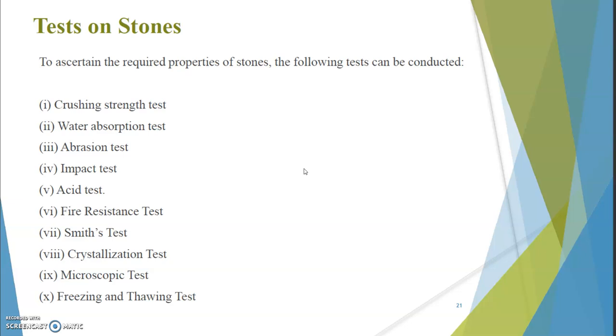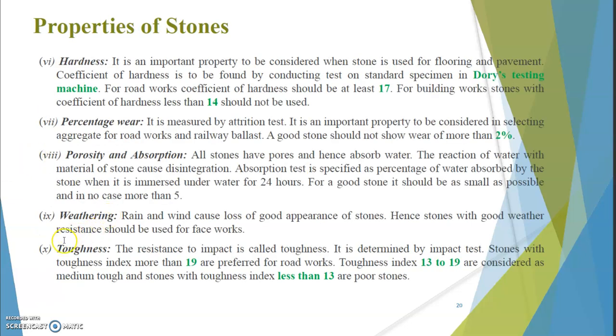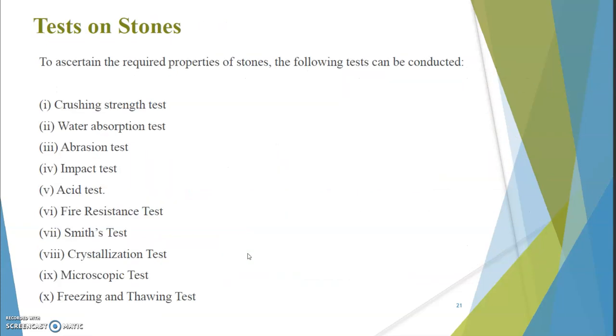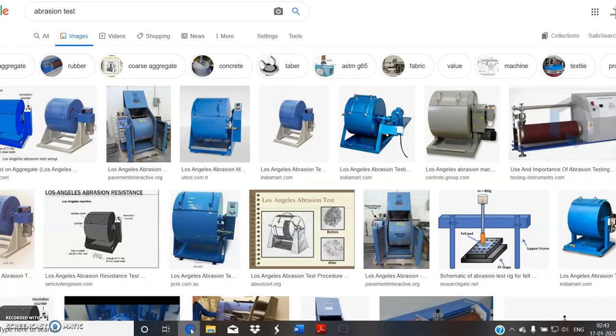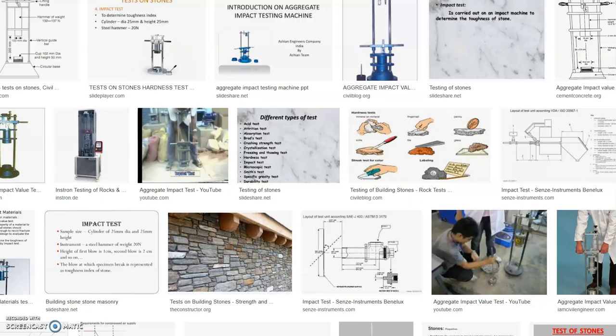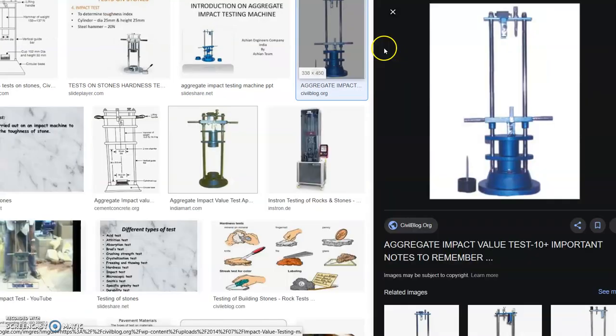Then if you take impact test, so you should understand impact. In the last video we have seen the last property of your stone, toughness. So what they are calling the resistance to impact is called toughness. So here the impact test is having a separate equipment called impact testing equipment, which will be looking like this.